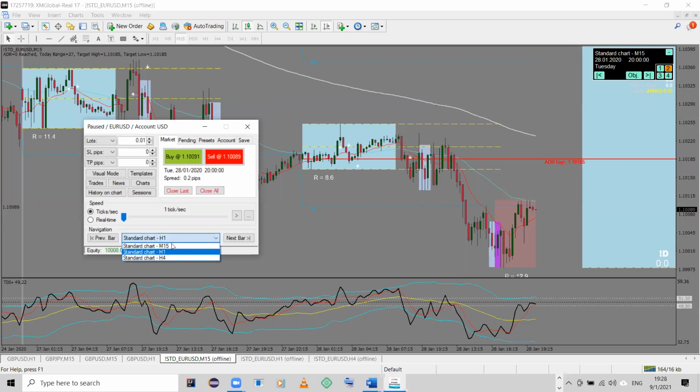So now let's move to our 15-minute time frame. My entry was there. My entry would be here. Let me make it a reasonable size, 25. My stop loss, 15 pips.